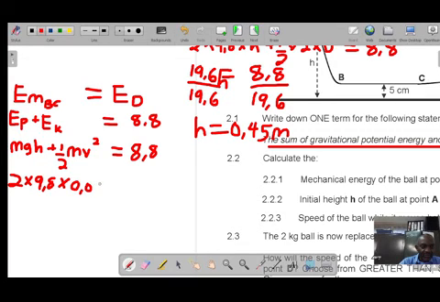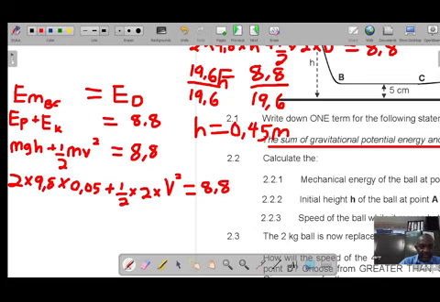And then plus a half times the mass, which is 2, times v squared. Now this is the speed along BC. Everything equals 8,8 joules.